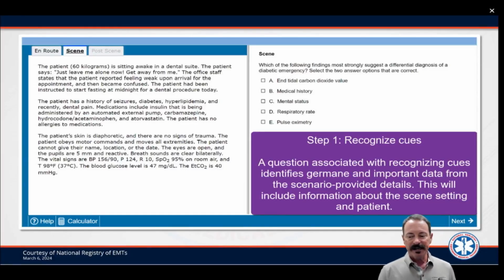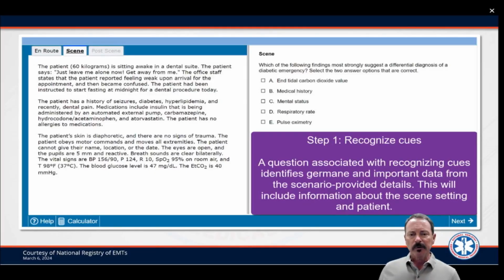Now, the patient's skin is diaphoretic. There are no signs of trauma. The patient obeys motor commands and moves all extremities. They can't give their name, location, or date. Their eyes are open and the pupils are 5 millimeters and reactive. Breath sounds are clear bilaterally. The vital signs are 156/90, that's hypertensive. Pulse rate is 124, that's tachycardic.